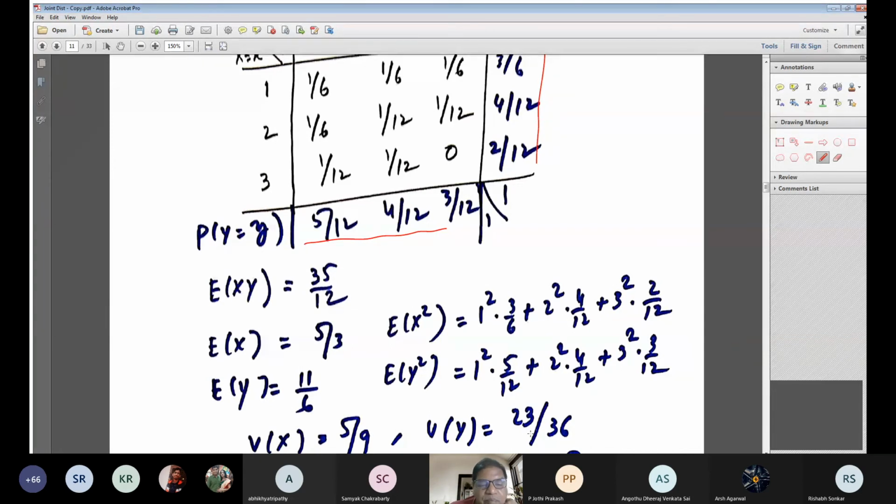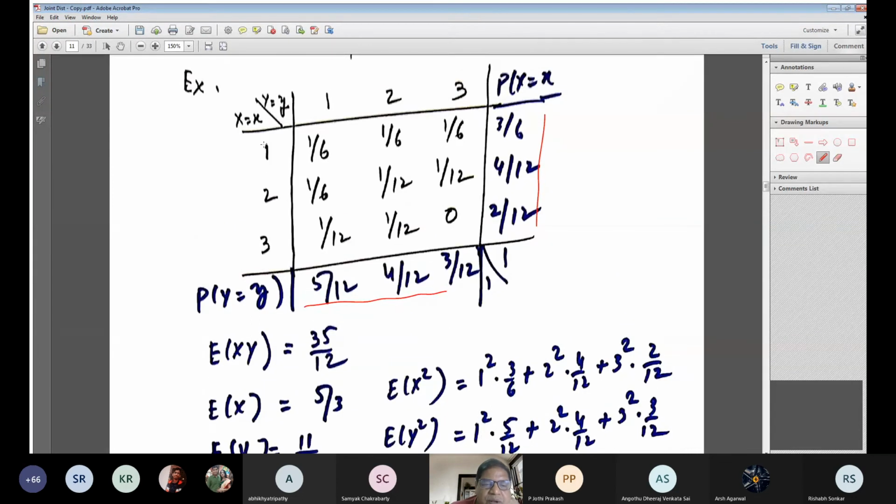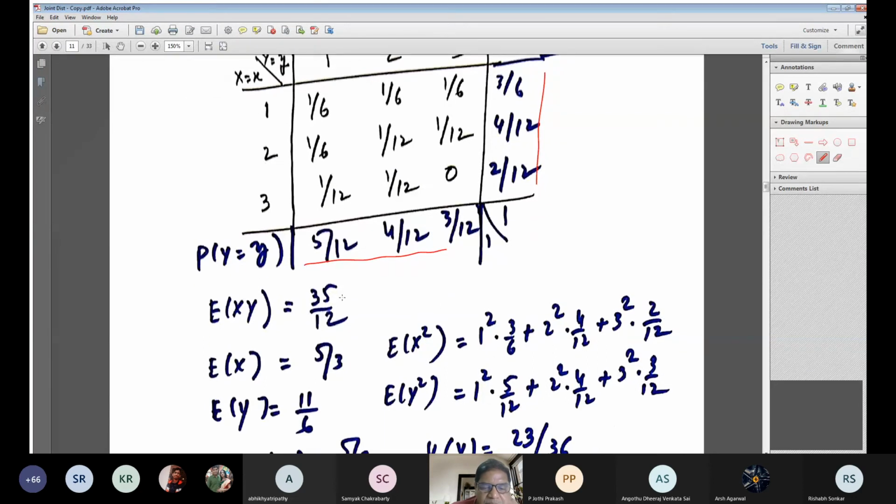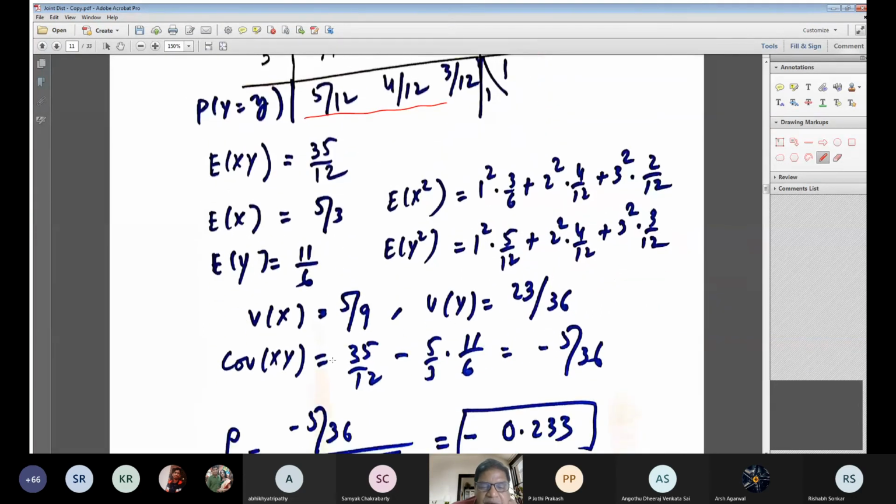Now, in order to compute E of xy, as I told you, you have to use this: 1 into 1, 1 by 6, 1 into 2, 1 by 6, and so on. That will give you 35 by 12. So having done that, we need to compute variance of x, variance of y, and the covariance term, because you have calculated E of xy here.